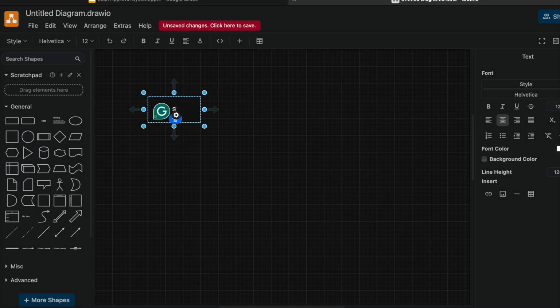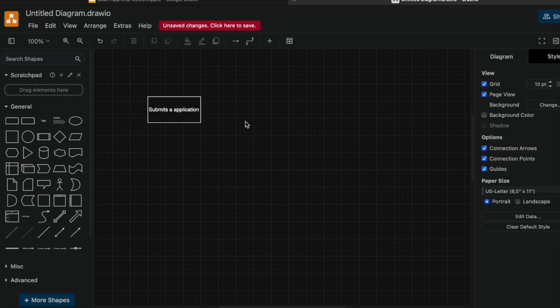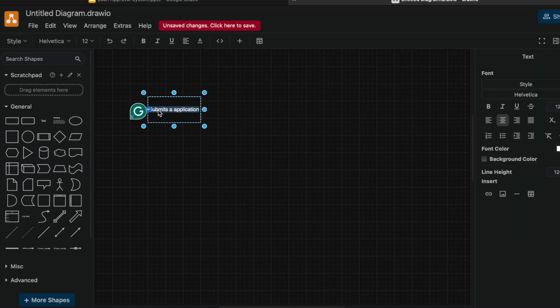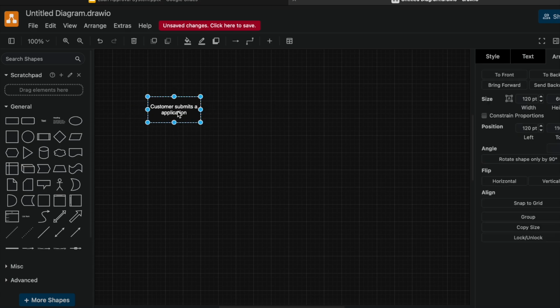So let's write: customer submits the application. So that's the first step.